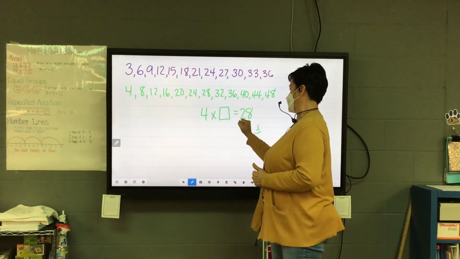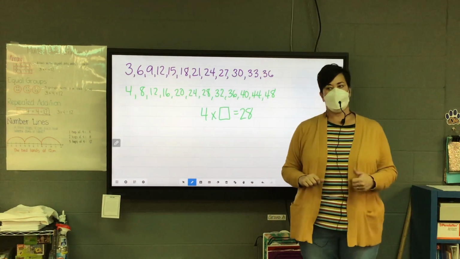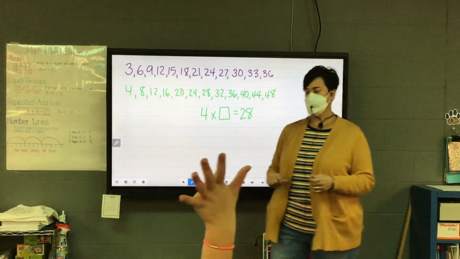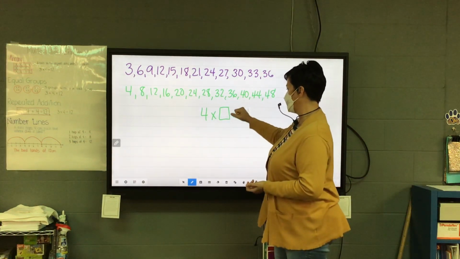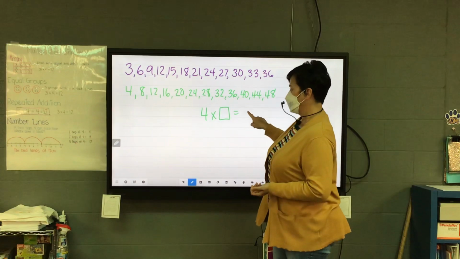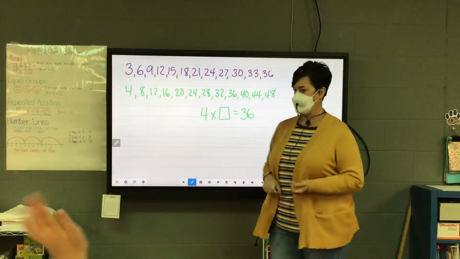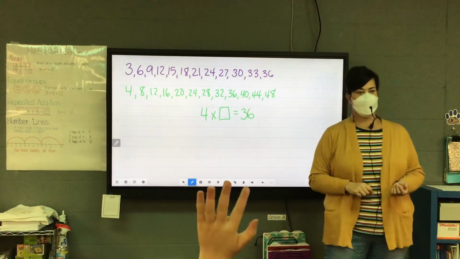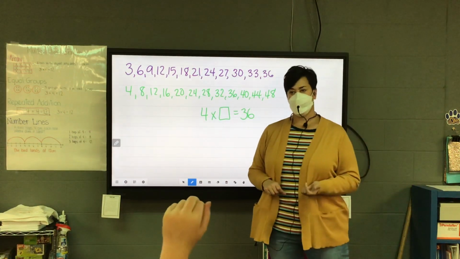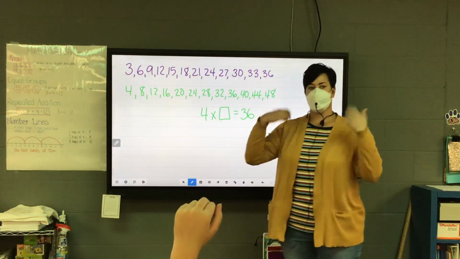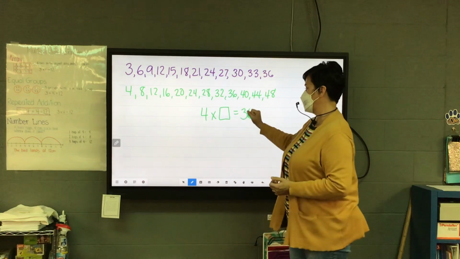Everybody. 7. 4 times 7 equals 28. What about this one? 4 times what? 9. 9 equals 36.